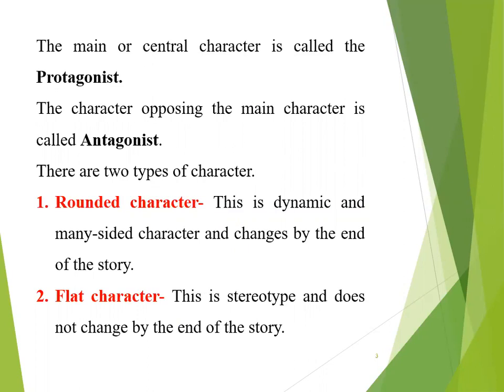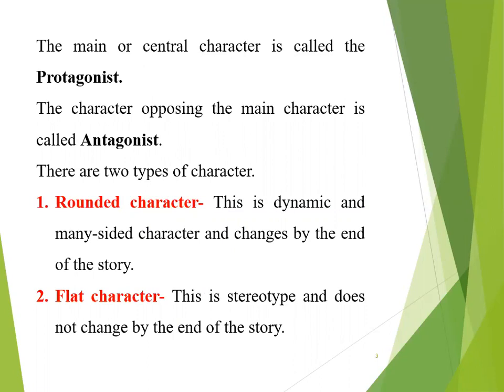So sometimes nature also plays the role of villain. It is not that every time a person should be there for playing the role of the antagonist. There may be some other force that can become antagonist. So antagonist is the opposing force, or opposing character to the protagonist.